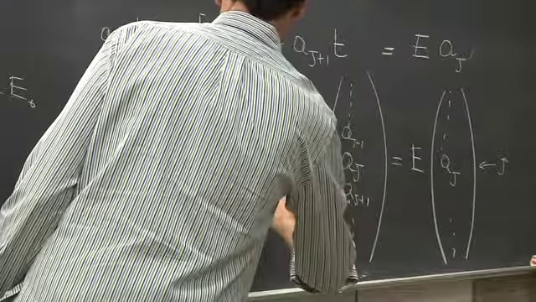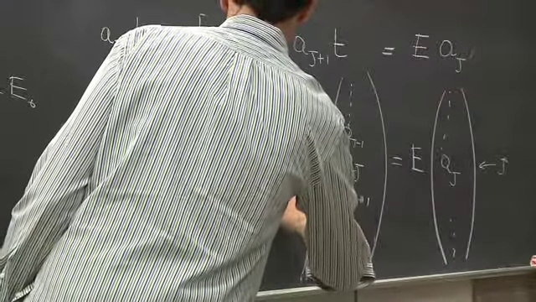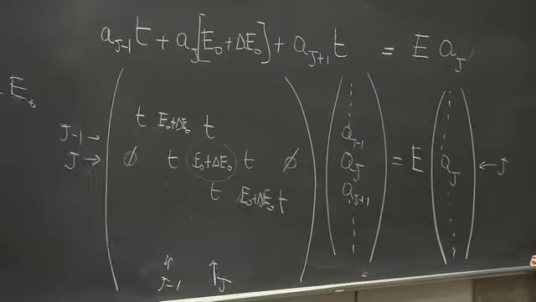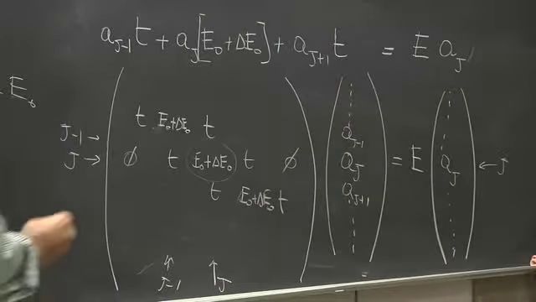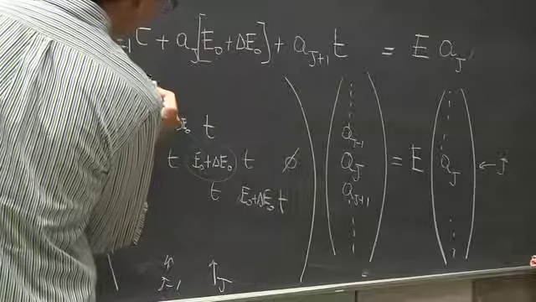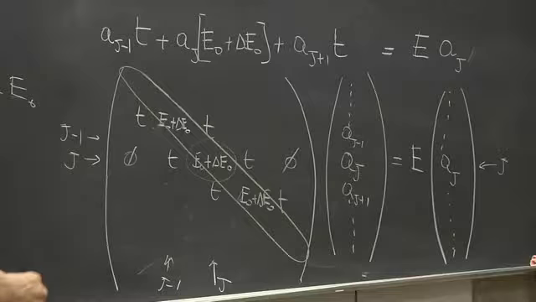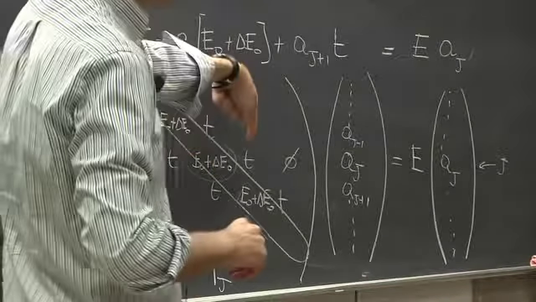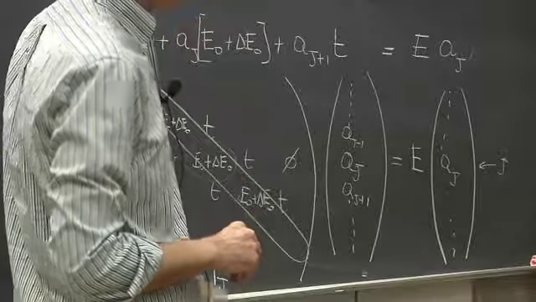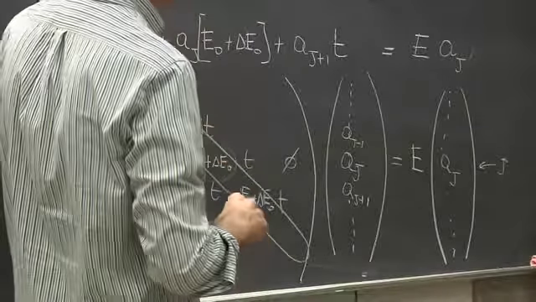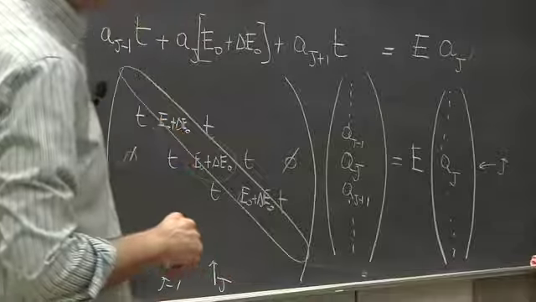E naught plus delta E naught, t, and so on and so forth. In other terms, along the diagonal, I will have E naught plus delta E naught, and one position out of the diagonal, everywhere, I will have t above and t below.